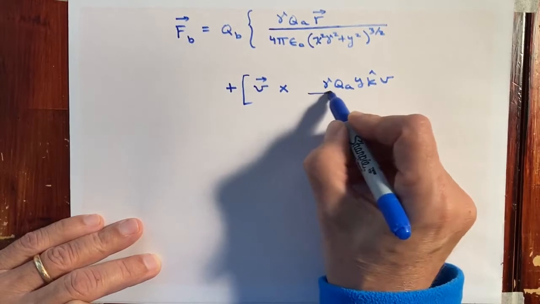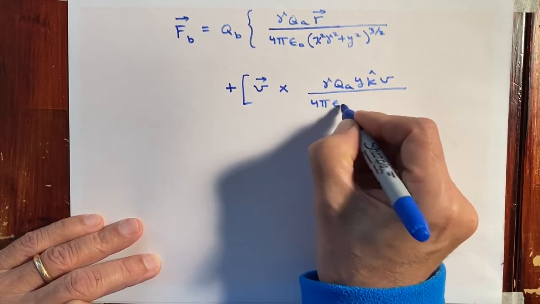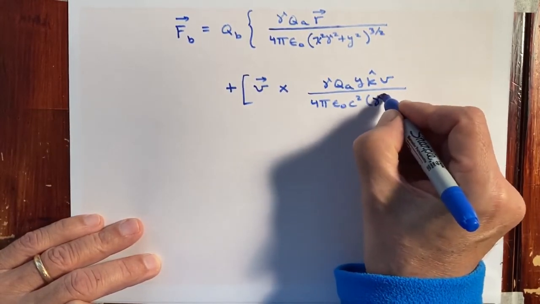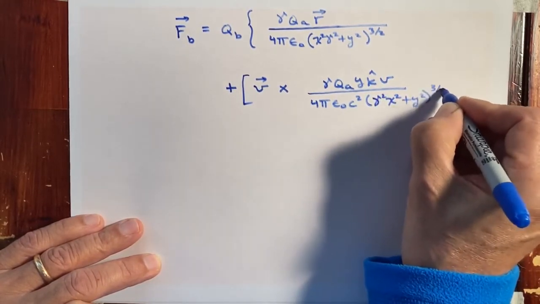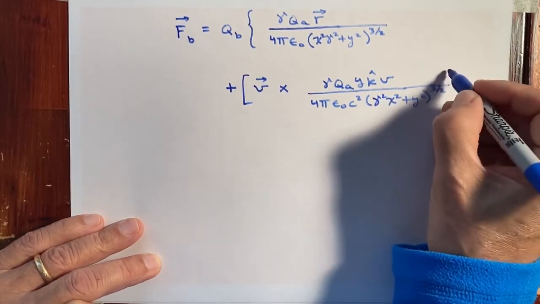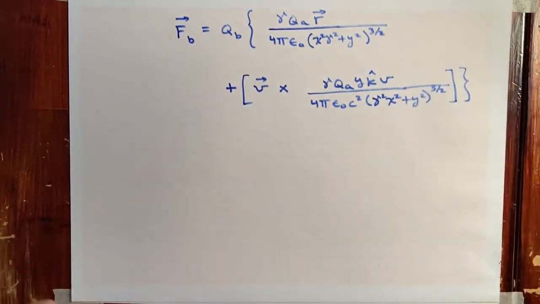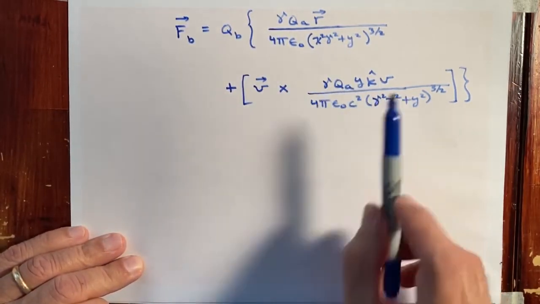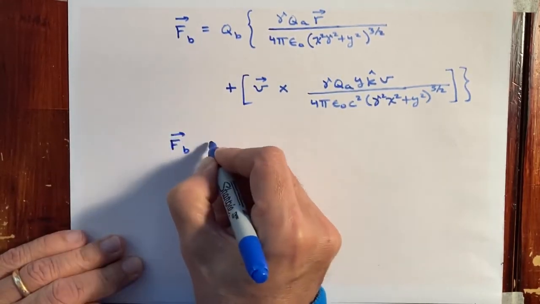And that's where that k hat v is being put in, over 4 pi epsilon naught c squared times gamma squared x squared plus y squared to the 3/2. And we close these brackets and close the curly brackets. So what we have here is something interesting. We have the electric field term right here, but we have a v cross something right here. So let's write it in a form that maybe we're more used to seeing.